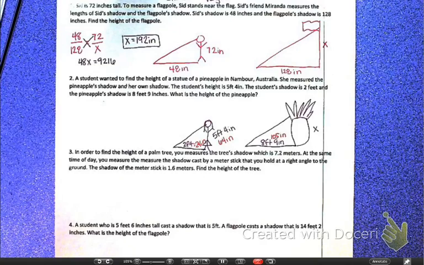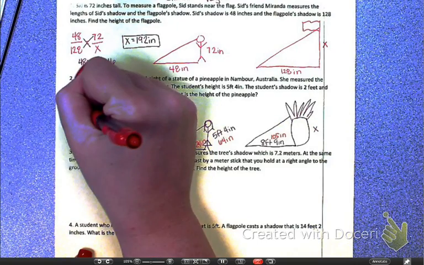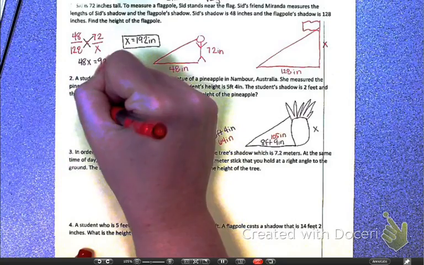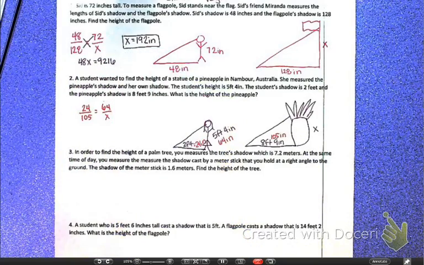Now that everything's in 1 unit, I can compare. Okay, so shadow to shadow, height to height. Shadow to shadow, height to height.